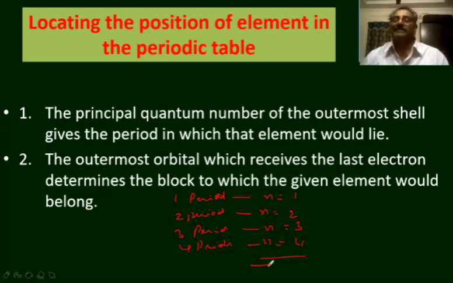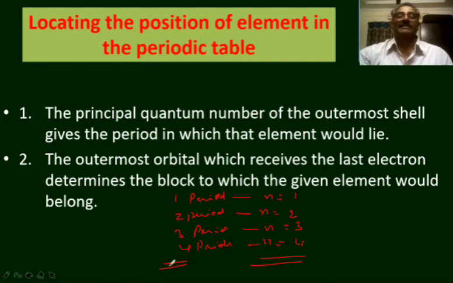That is, the principal quantum number gives the period to which the element belongs. All the elements in the second period have the same principal quantum number, 2, for the valence electron. In the same way, the elements in the fourth period have the principal quantum number 4 for the valence electrons, especially the differentiating electron.